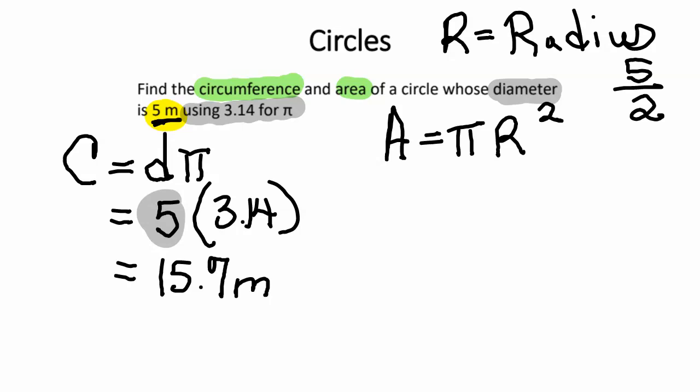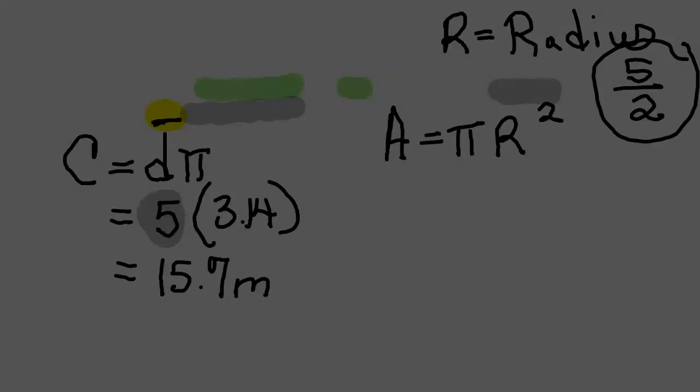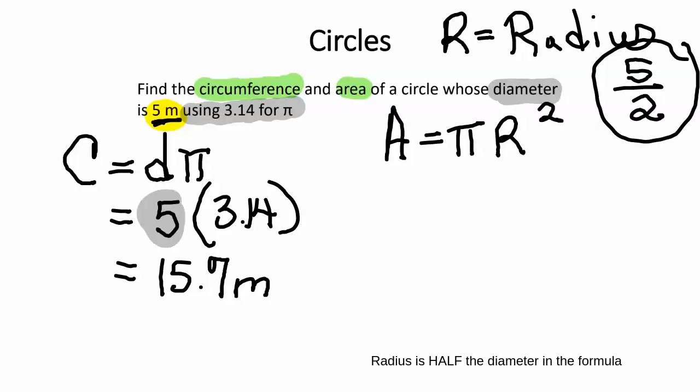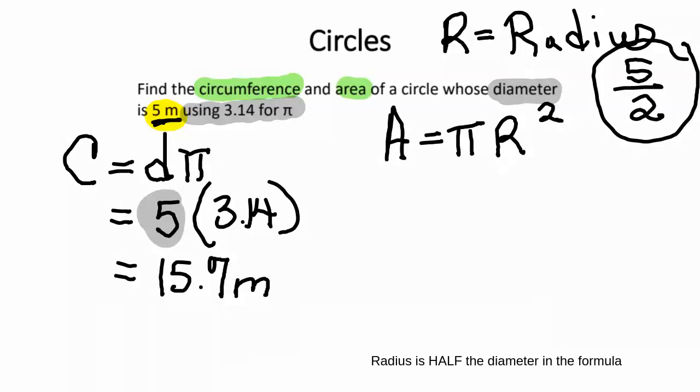A diameter is twice a radius, or a radius is half the diameter. Radius is half the diameter in the formula. Now, you can take your calculator and do 5 divided by 2.